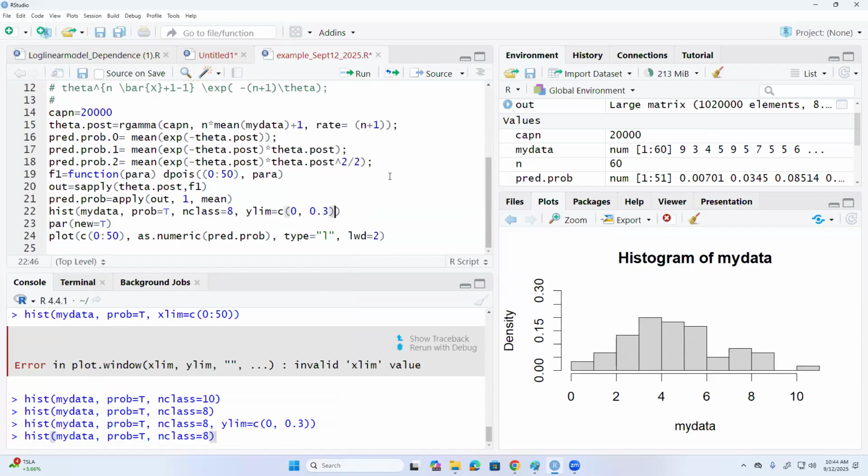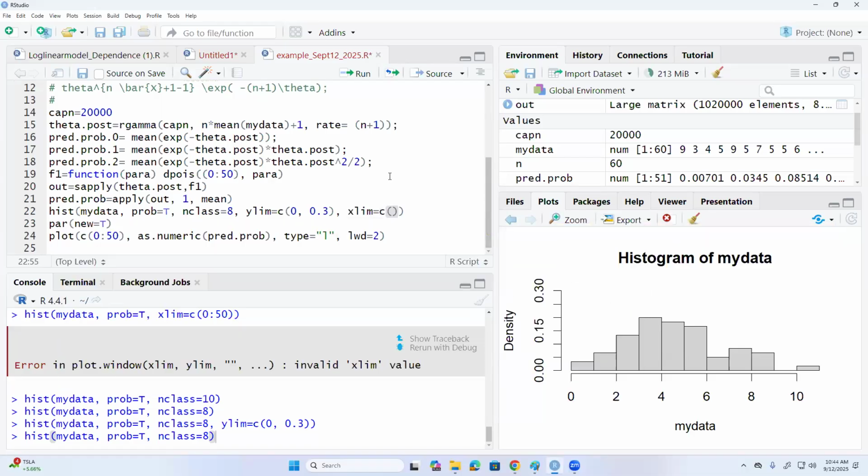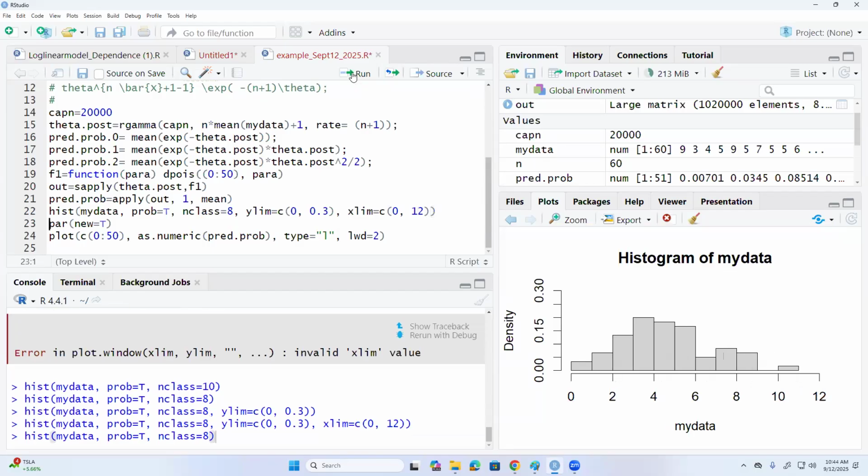So if y limit is allowed, what is the issue with the x limit? Oh, I see. It has to be like this. Okay, so now it happened.